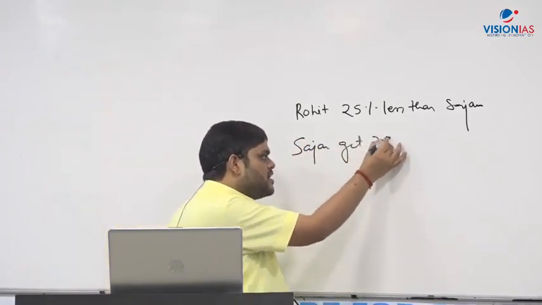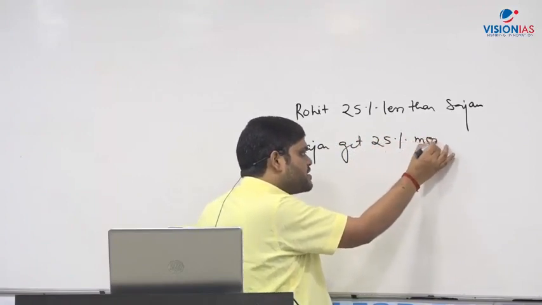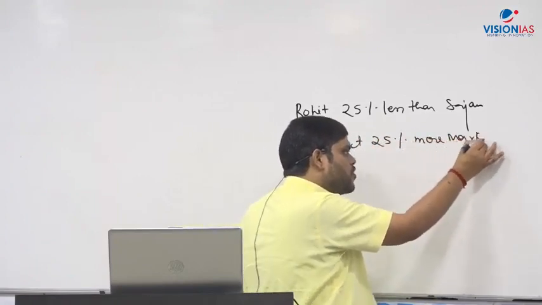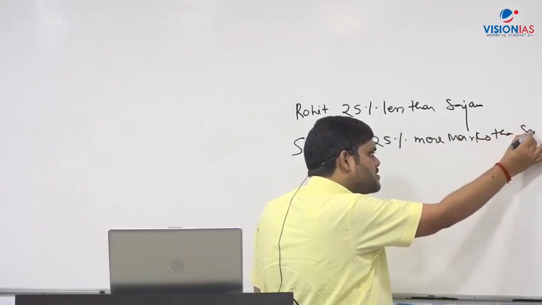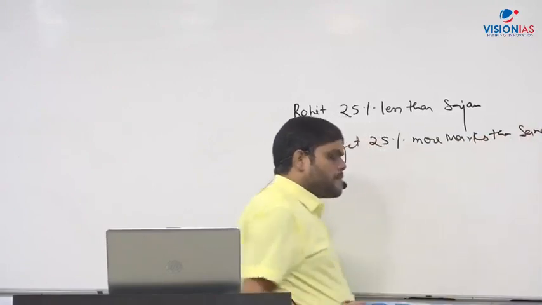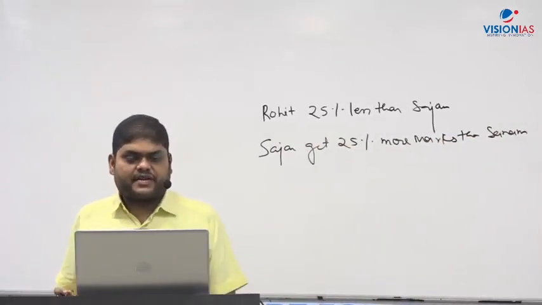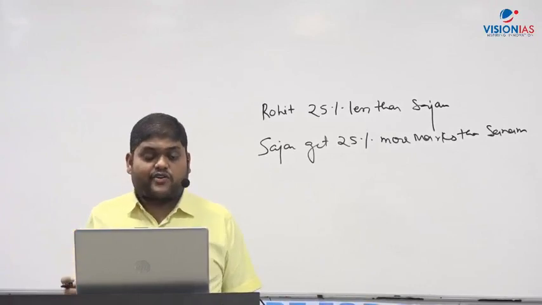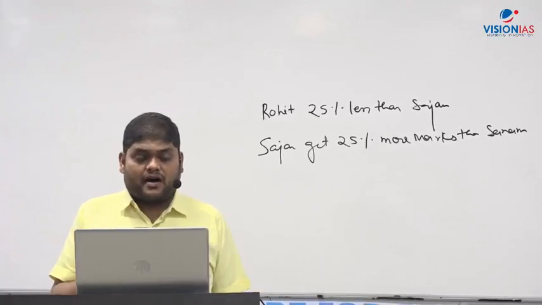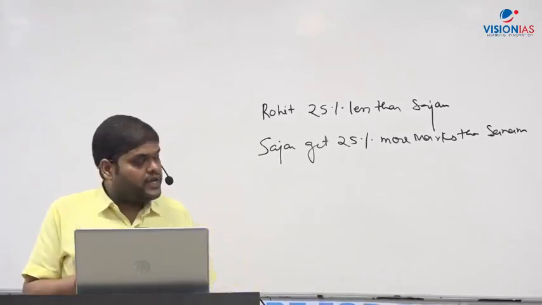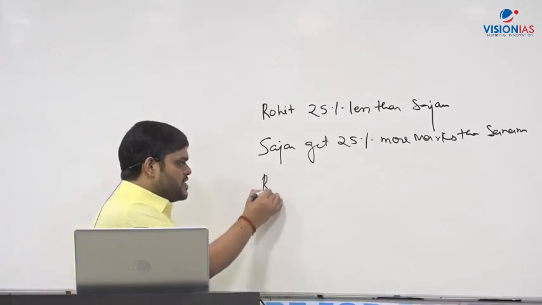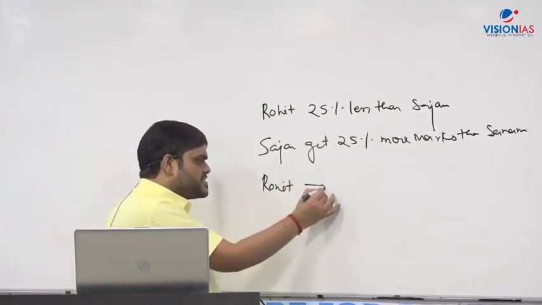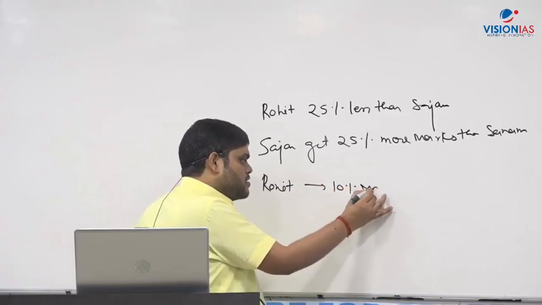Now the third statement is, and Ronit gets 10% more marks than Rohit.